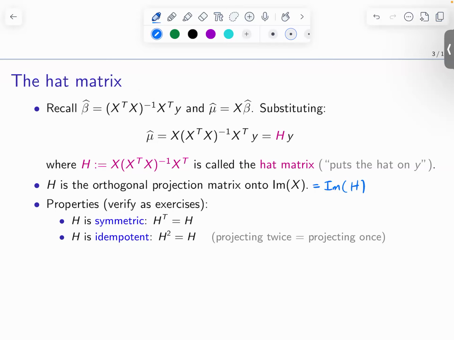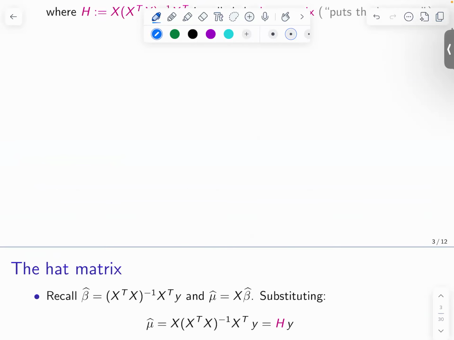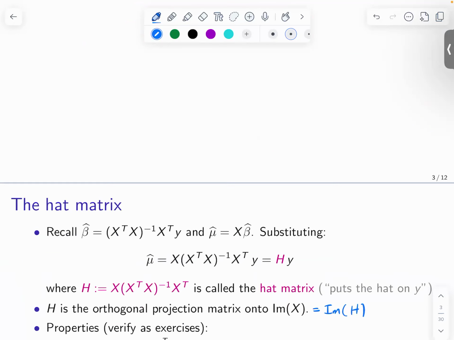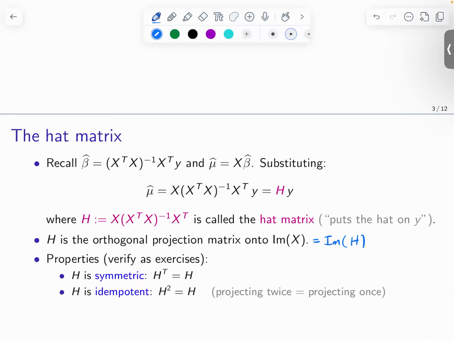Once you project everything in R^n, you cover the entire image of X, which would be the entire image of H. So as Y varies in R^n, HY covers the image of X, which also happens to be covering the image of H, so they're the same thing.